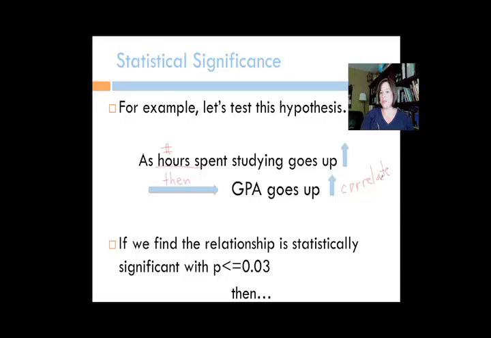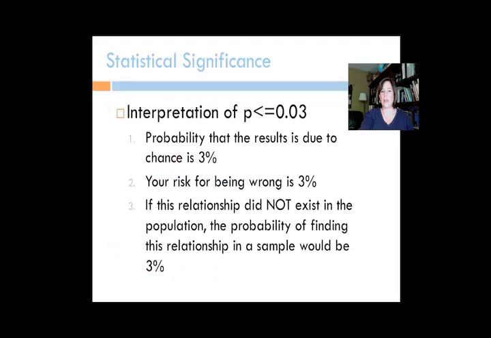So if I correlate these two variables with the Pearson R, and we find that indeed the Pearson R is statistically significant with a p less than or equal to 0.03, then we can say a number of things.